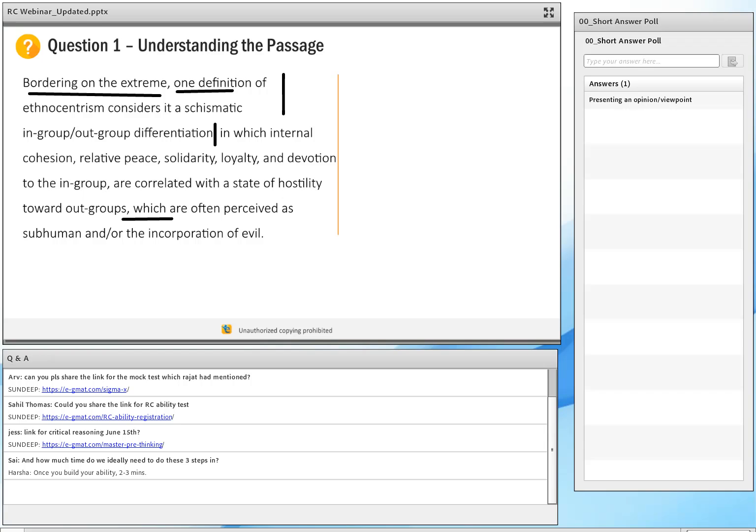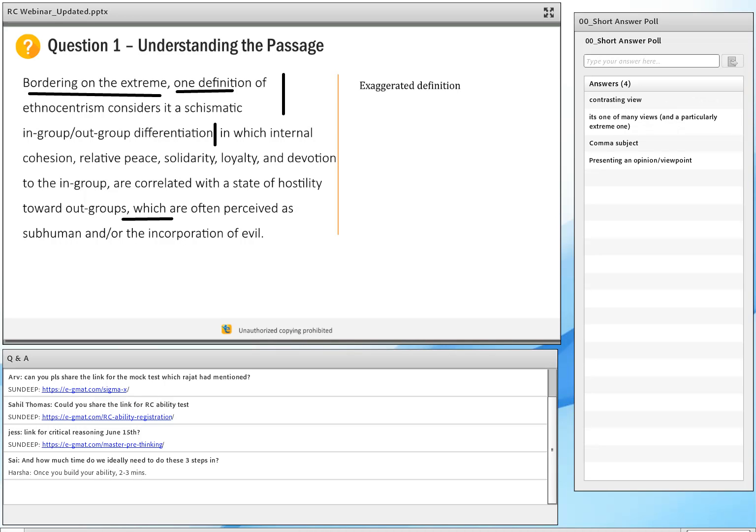For those of you who've done sentence correction, you can see how, in this single sentence, as you learn modifiers for GMAT RC, you can apply them while reading an RC passage and see what each refers to.